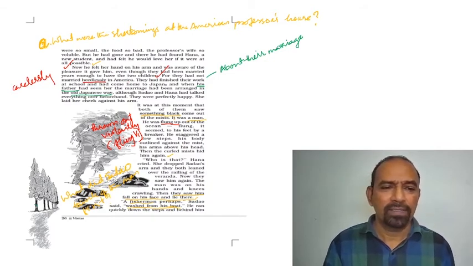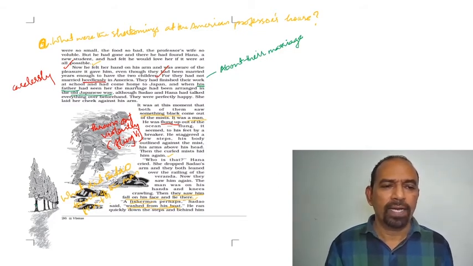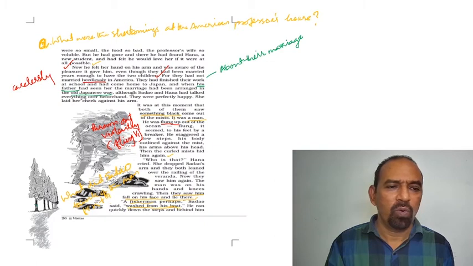They had finished their work at school and had come home to Japan. And when his father had seen her, the marriage had been arranged in the old Japanese way. Although Sadao and Hannah had talked everything over beforehand, they were perfectly happy. She laid her cheek against his arm.